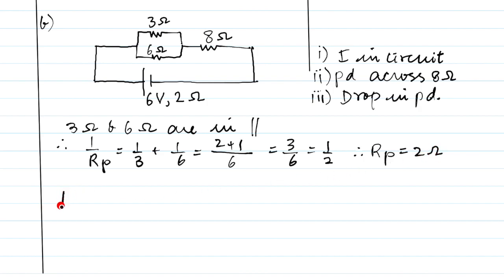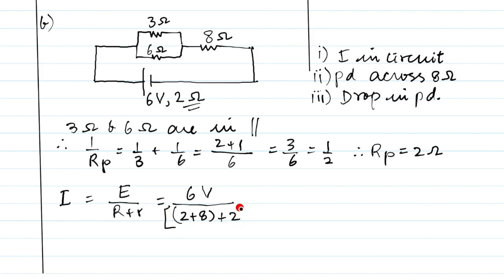Now the current in the circuit is going to be E upon R plus r, because there is internal resistance here. EMF is 6 volt, and the total resistance will be this Rp plus this, so 2 plus 8, plus the internal resistance, that is 2.